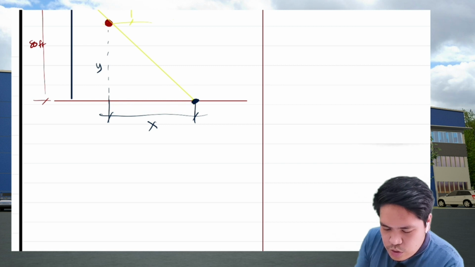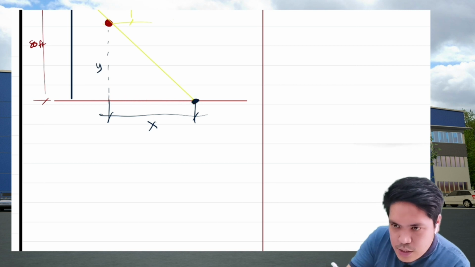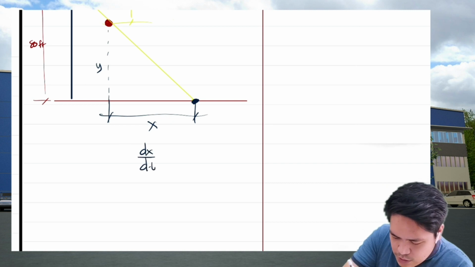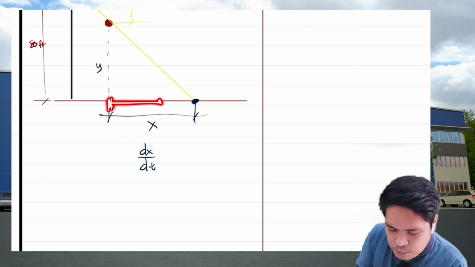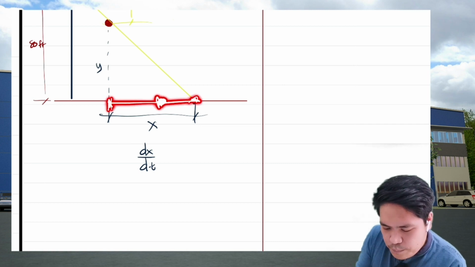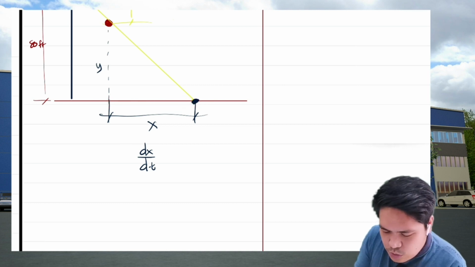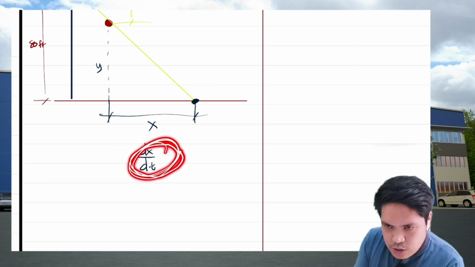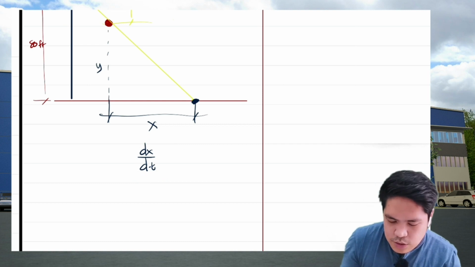As the shadow moves toward this point, the value of x is decreasing. So what we are looking for is dx over dt, the change in the distance from this point to the shadow with respect to time. We expect dx over dt to be negative, because the value of x is decreasing.